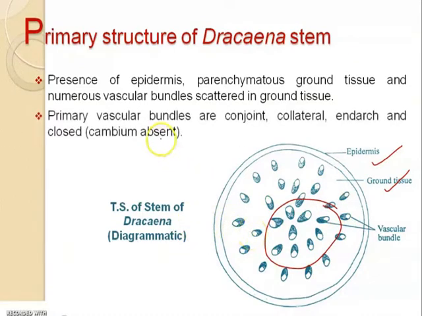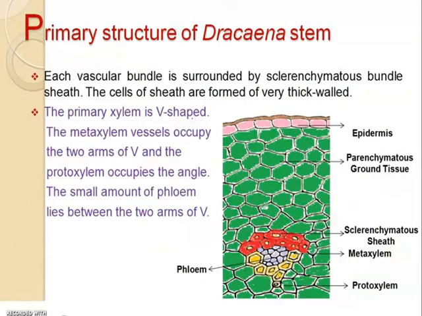Further, primary vascular bundles are conjoint, collateral, and closed type. This means cambium is totally absent. Further, each vascular bundle is surrounded by a sclerenchymatous bundle sheath. The cells of the sheath have very thick walls.